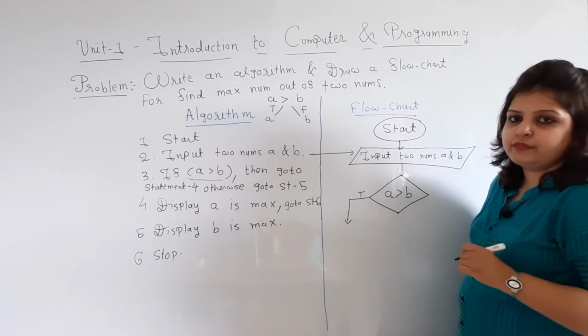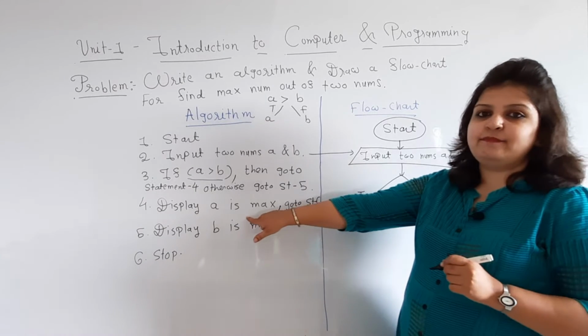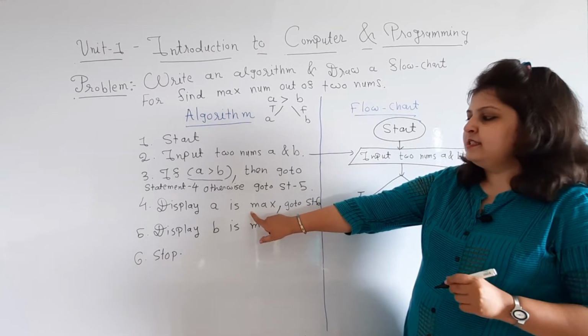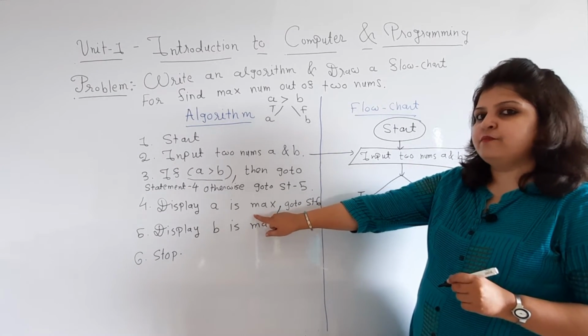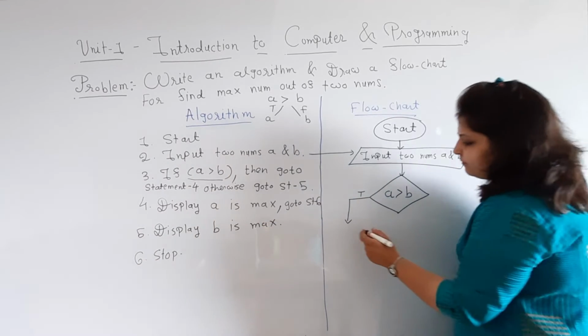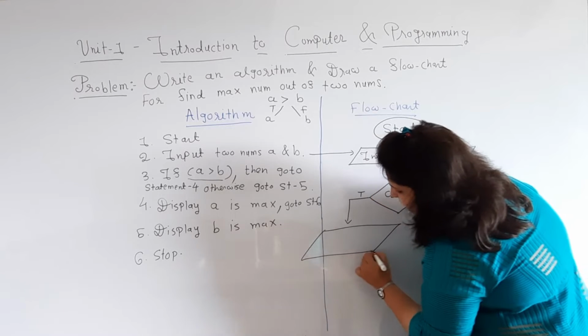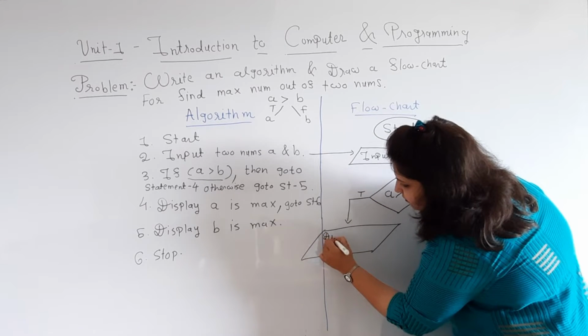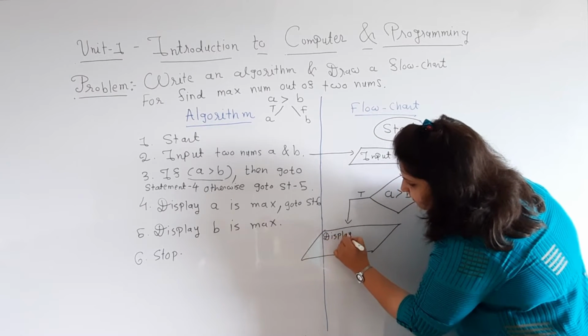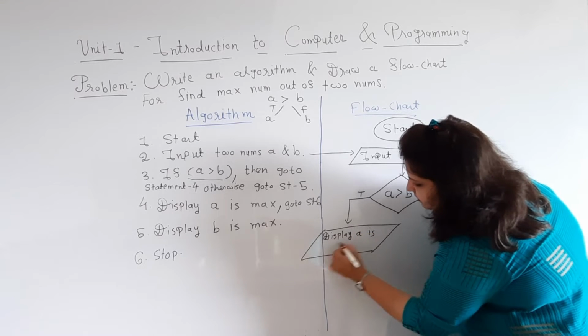So simply write the condition, and if our condition is true, then our output is display A is max, and this is the output, and the symbol for output is a parallelogram. So here in the parallelogram we have to write display A is max.